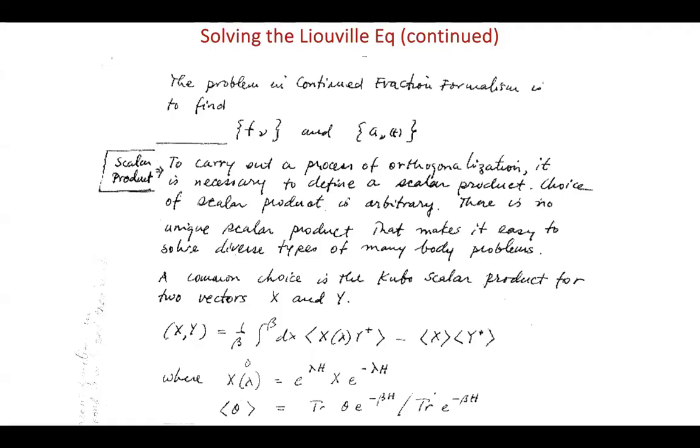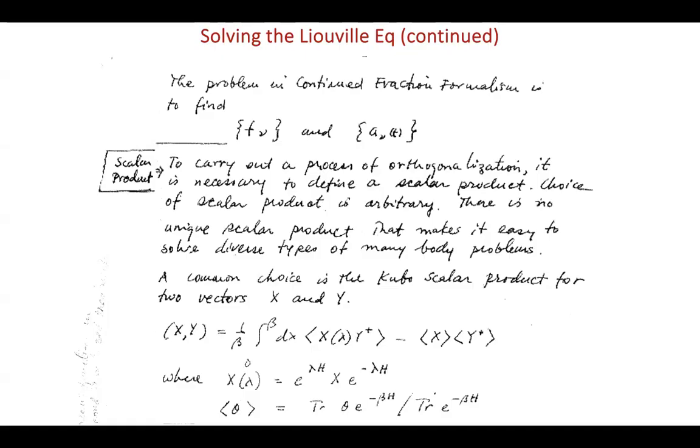Kubo was also one of the architects of what we call the fluctuation dissipation theorem. That will also enter here. One of the actors in this drama is the fluctuation dissipation theorem. I haven't told you much yet. I don't need to tell you for a while about the fluctuation dissipation theorem.